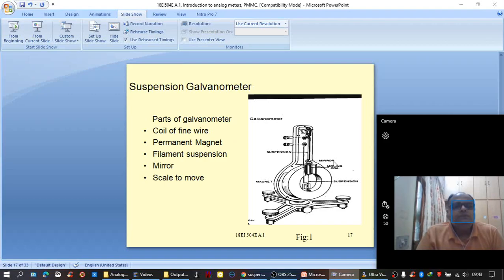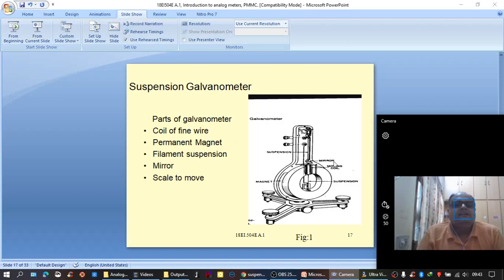When you look at the pointer deflection from either the right side or from the left side, then you will find a little variation in the position of the pointer over the calibrated scale.